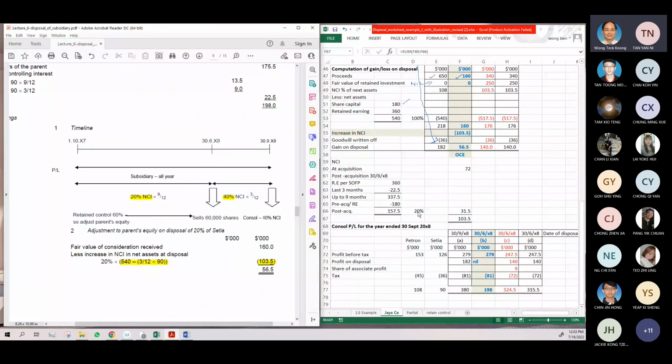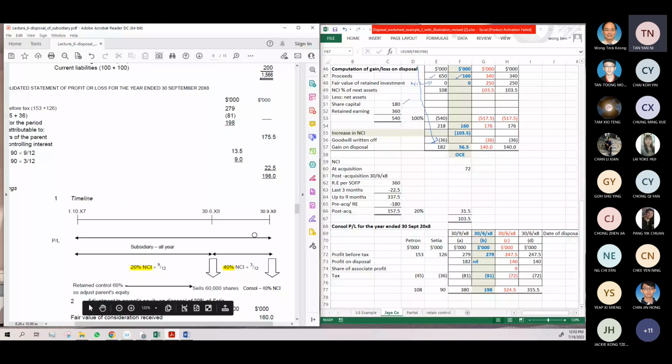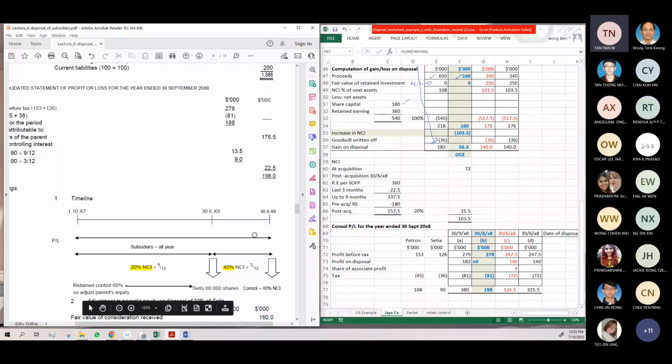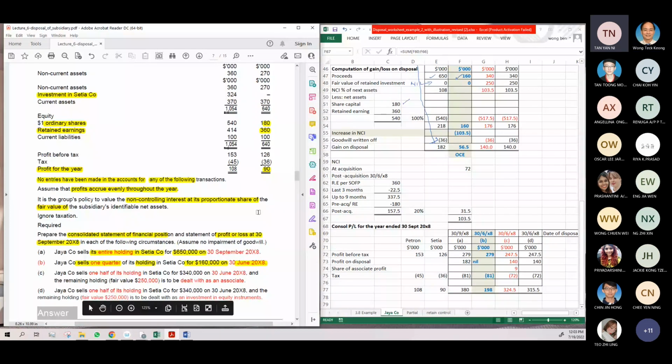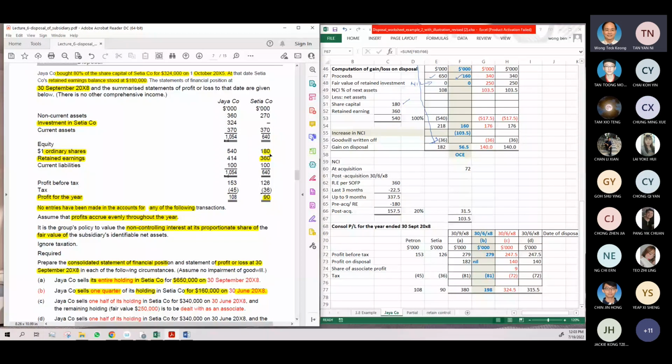They are using the cumulative normal NCI method, acquisition plus post-acquisition profit. The 540 here uses the net asset, with the profits prorated for the 3 months.